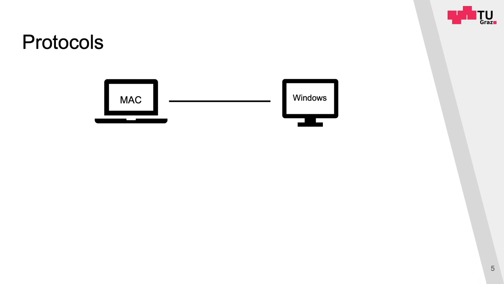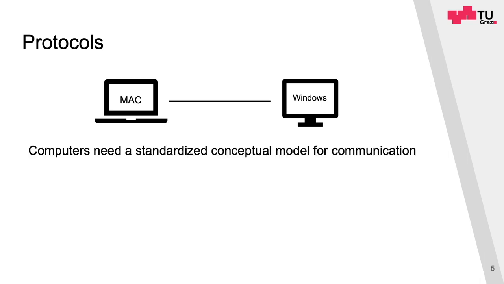In order to do so, those two computers need a standardized conceptual model for communication. So both of these computers need to implement a shared conceptual model for communication. In other words, they need to speak the same language, right?